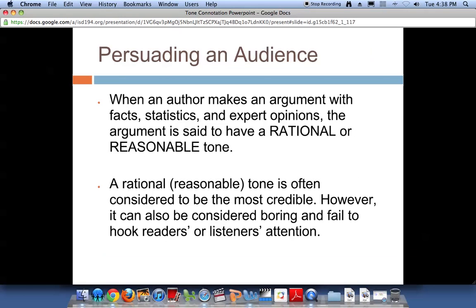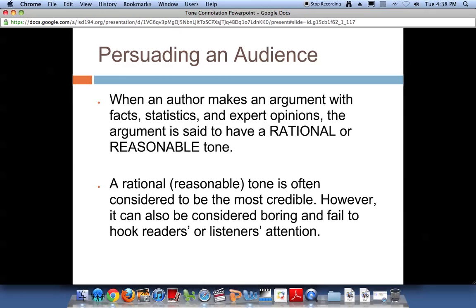Now, what we find is that authors can use tone to persuade an audience. The most reasonable arguments that an author can make use statistics, facts, and expert opinion. This often portrays a very reasonable and neutral tone.